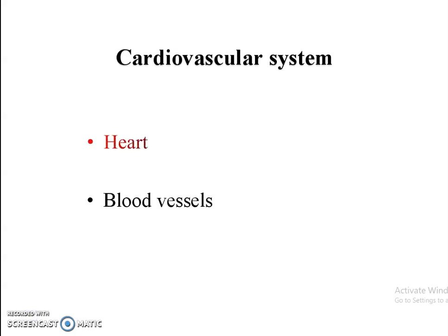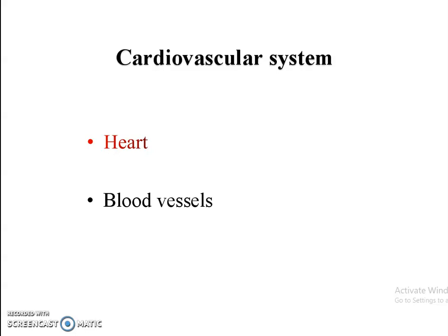Before discussing the structure of the heart, I want to explain the organs of the cardiovascular system. The human body is made up of different systems, and each system performs particular functions. One of the important systems in the human body is the cardiovascular system.